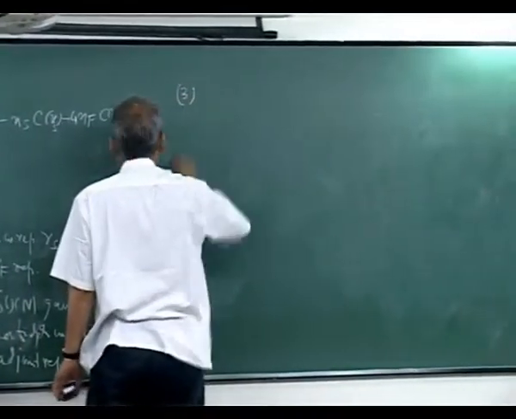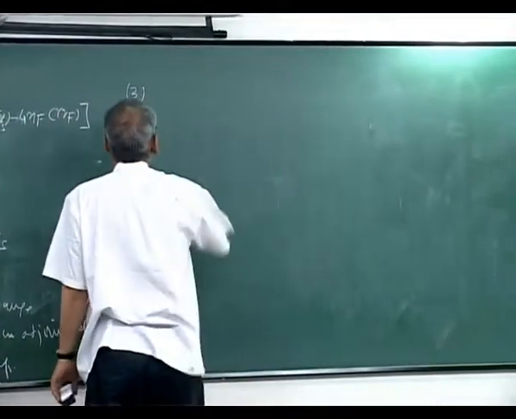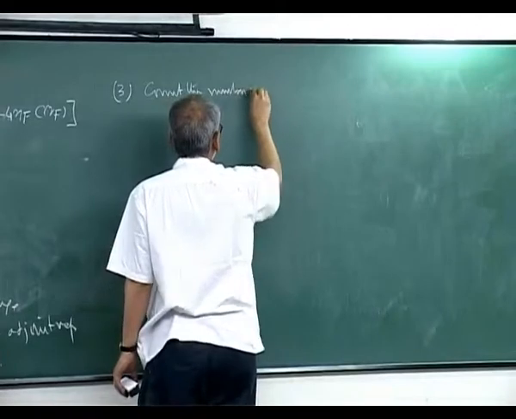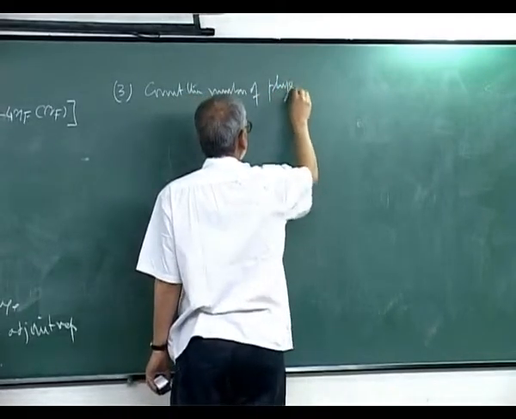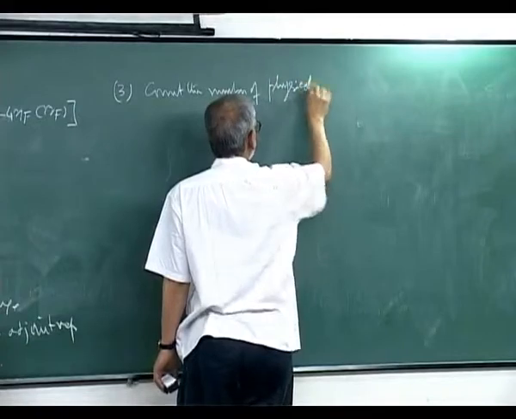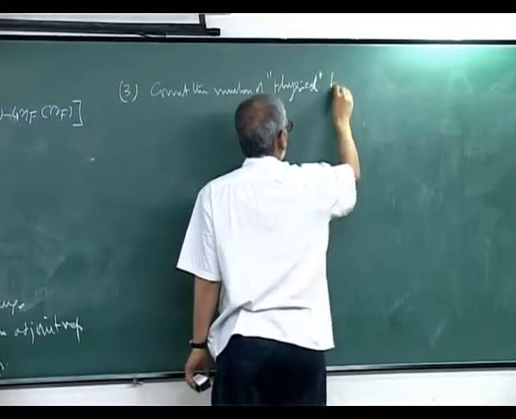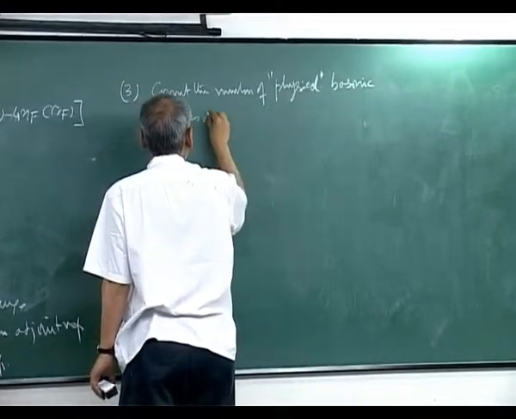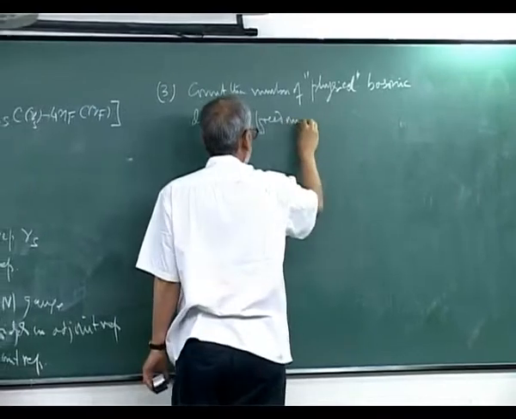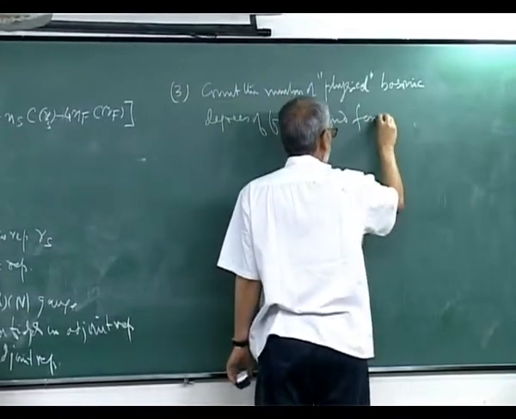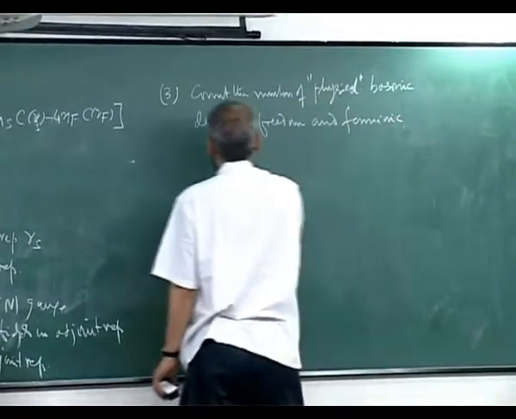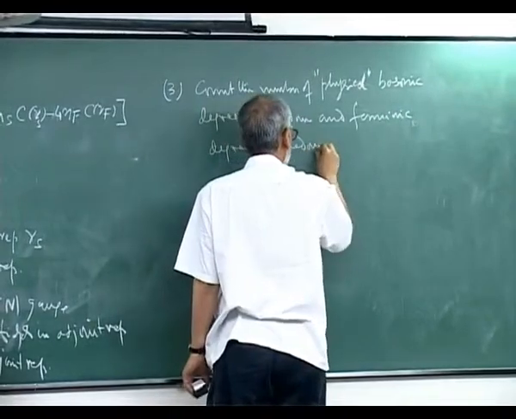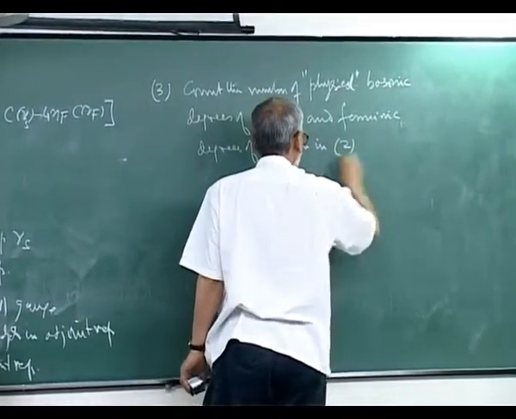Three, count the number of physical bosonic degrees of freedom and fermionic degrees of freedom in this theory.